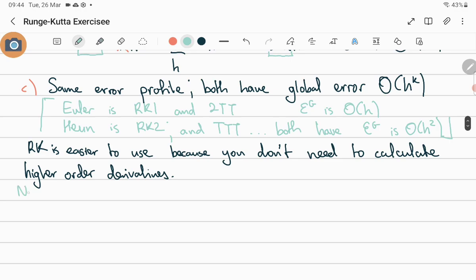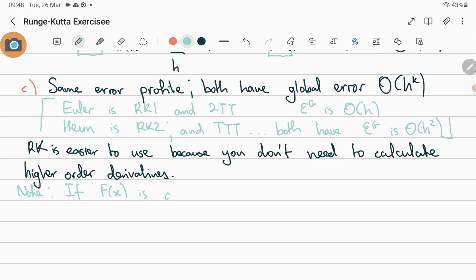We'll just make a little note. An additional possible answer to the first question: the other connection is if the derivative, big F of x, is a polynomial. Euler, which is Runge-Kutta 1 and a two-term Taylor, will get lines correct, and Heun will get quadratics correct.